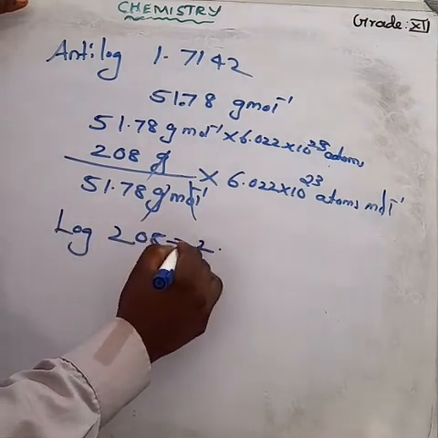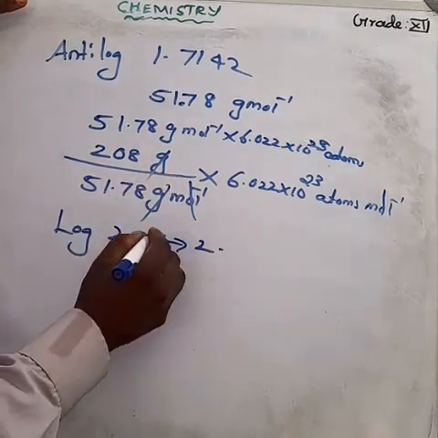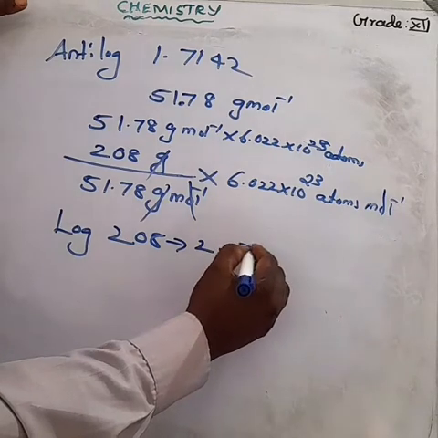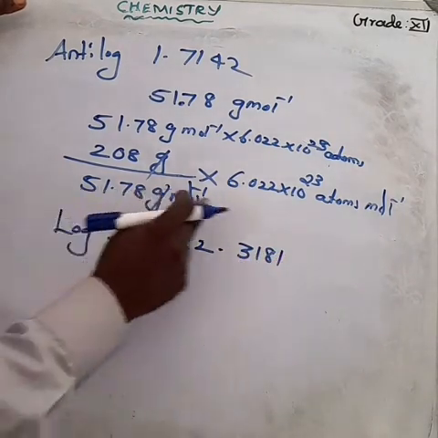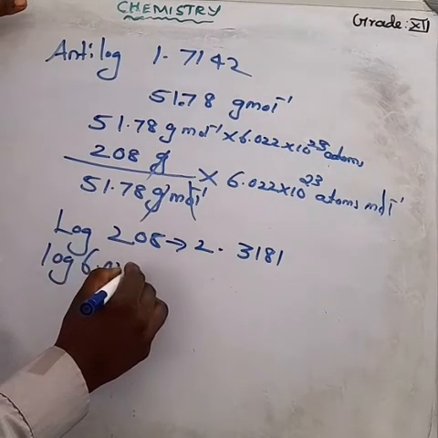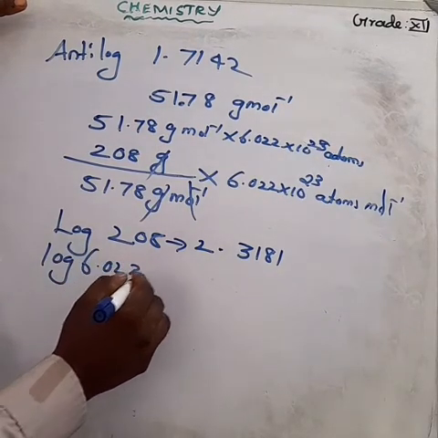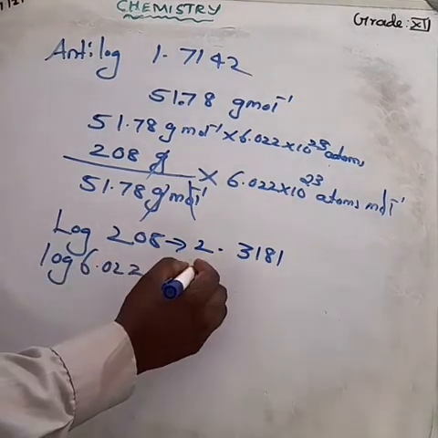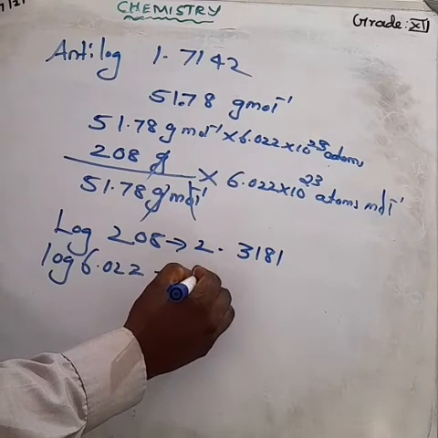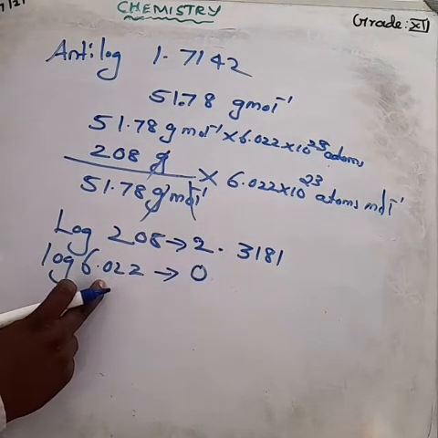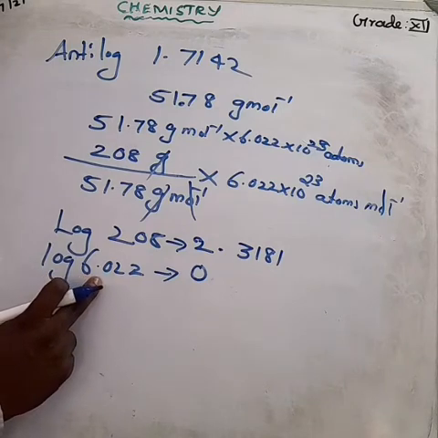So take the log of 208. Here the characteristic digit is 2. Log of 20 versus 8 gives 31.81. Log of Avogadro number 6.022 is 0 point, because it has only a single digit.